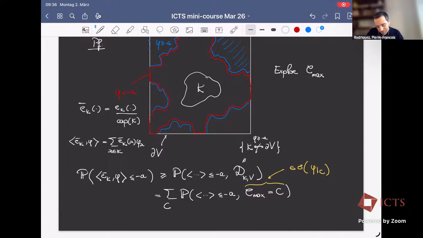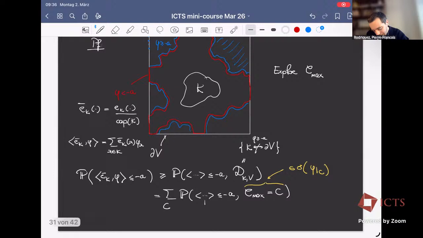Okay, so here I still have my field phi, and what I'm going to do now is write phi using the Markov property as psi plus h.